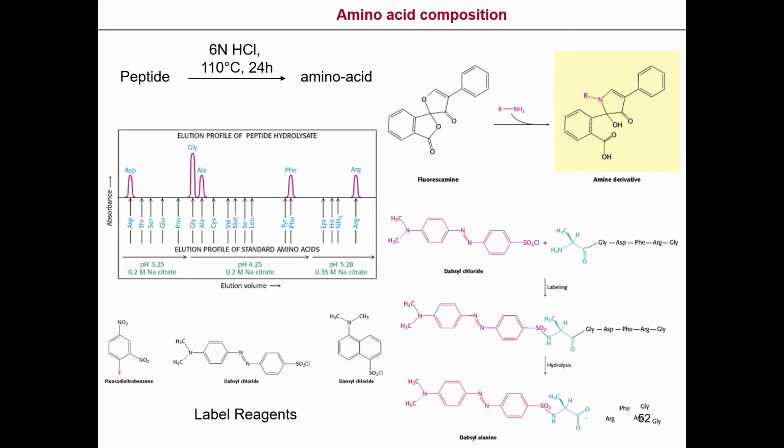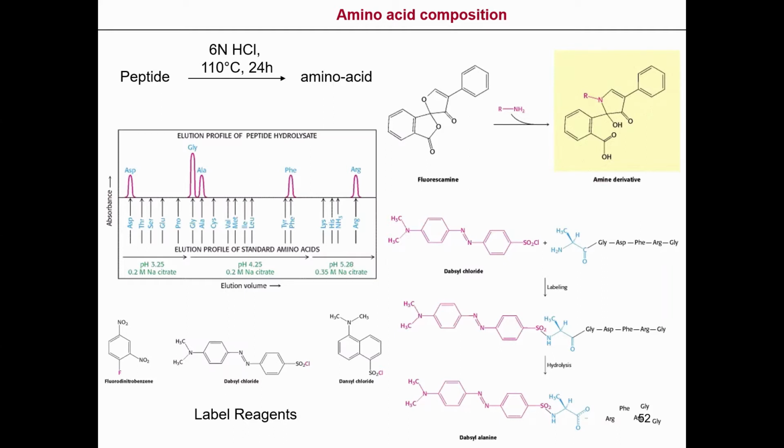And we said that the amino acids in the peptide or protein are linked together by a peptide bond between the carboxyl group of one amino acid and the amine group of the other. Okay, in this chapter, we will see how to know the composition and the sequence of this peptide.